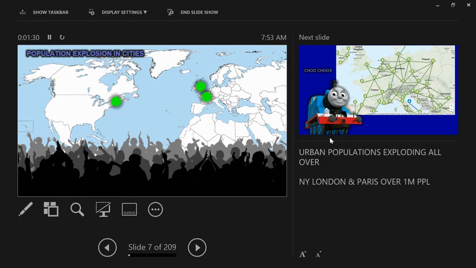On this map, I've got New York and London and Paris identified. These 3 cities are hitting over 1 million people, and that is a major deal. Populations are exploding because of technological advances, but these cities are not growing fast enough to make life comfortable for the people living there.